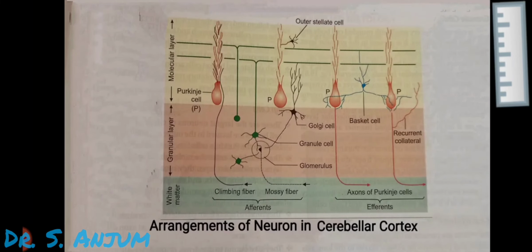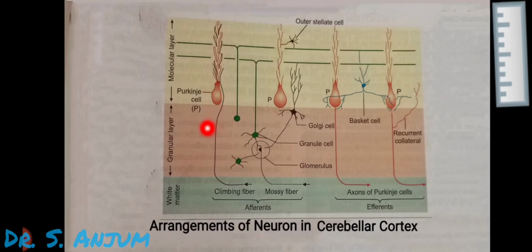This slide is under high magnification. You can see the different types of cells in different layers. These are Purkinje cells, which are flask shaped. You will see them under high magnification. You will not be able to see these cells under low magnification.